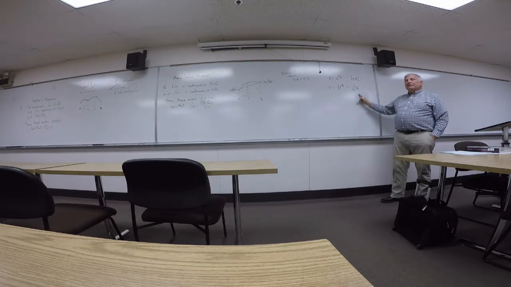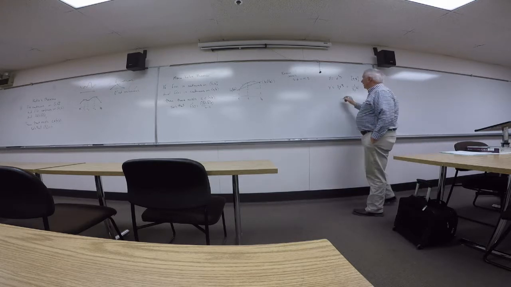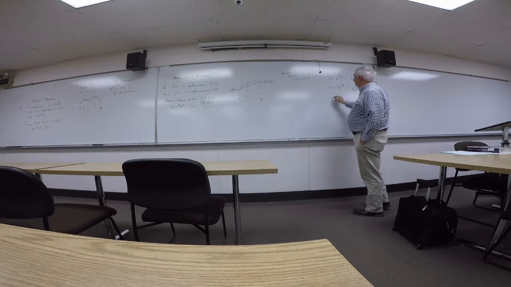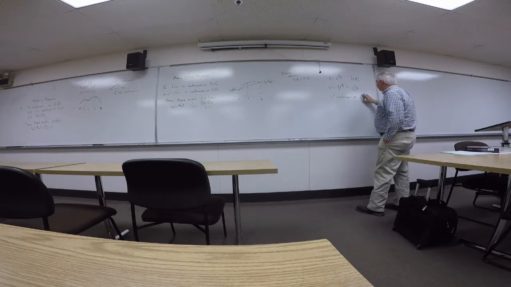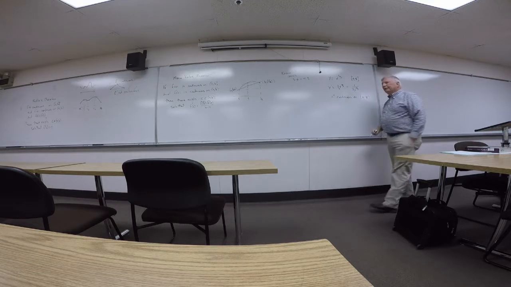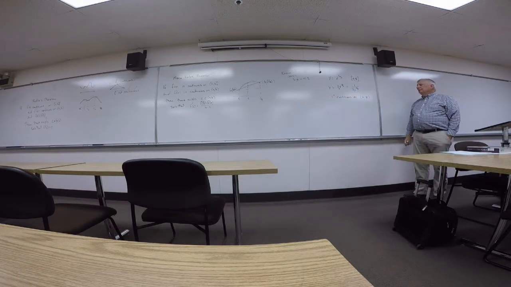Doesn't matter. Is it defined for anything greater than 0? Yes, it is. So this is defined on the open interval. It is continuous on the open interval 0 to 8.